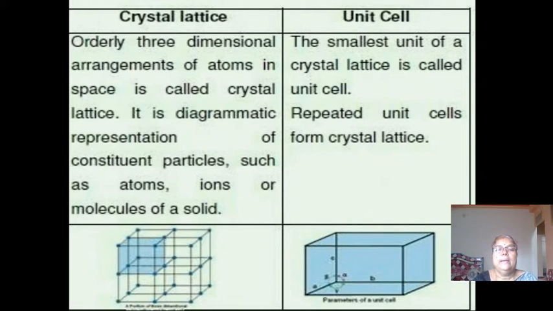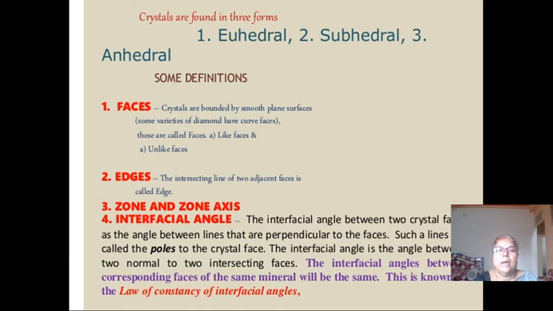crystallography. The study of crystals is done with the help of three laws. We will see the laws of crystallography. Here the crystals are found in three forms. The three forms of crystal are euhedral, subhedral and anhedral. Then some definitions I repeat here.